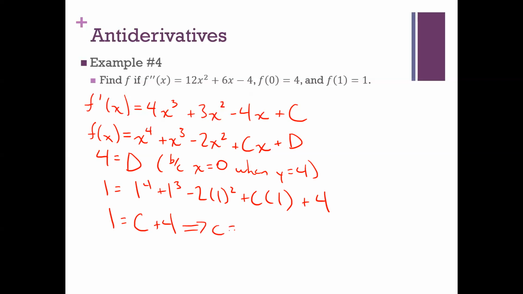So c is equal to -3, which means I can give my final antiderivative like this. X to the 4th plus x cubed minus 2x squared minus 3x plus 4. Any questions with that?